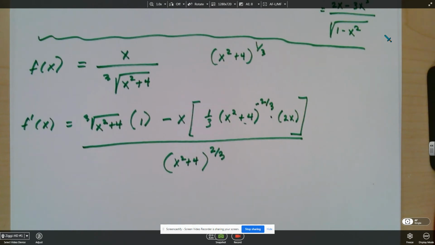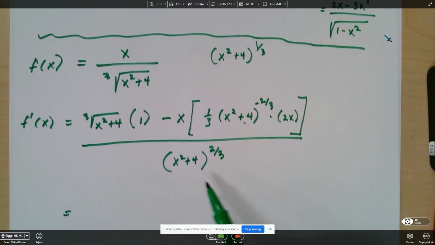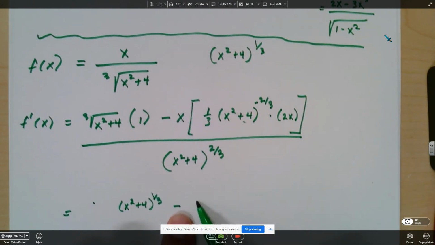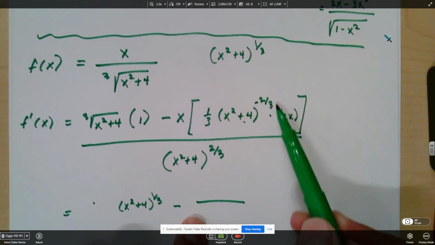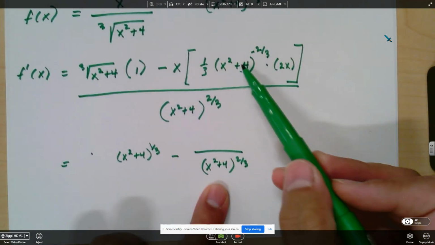Okay, let's work on simplifying here. We need to slowly work with the numerator piece. So in the numerator, it looks like I have an x squared plus 4, but I'm going to write it as a 1/3 power instead of a cube root. Over here, I need to toss this entire thing in the denominator.